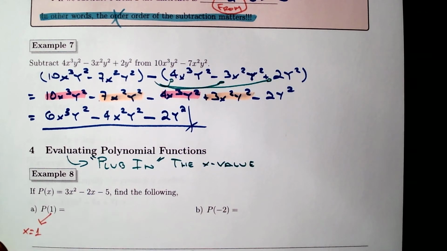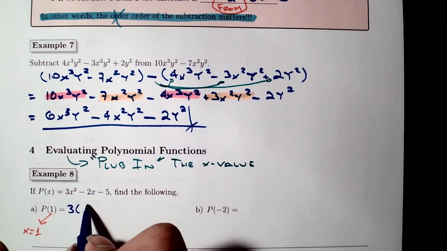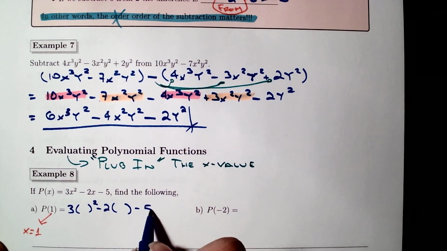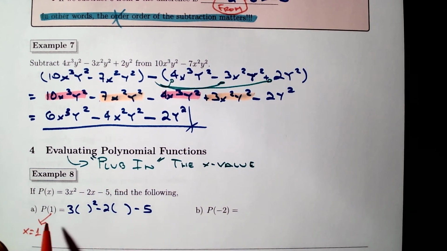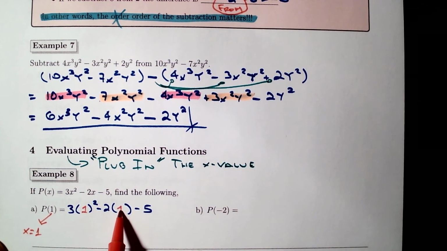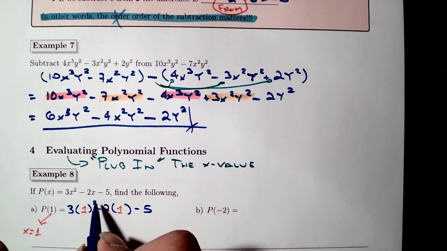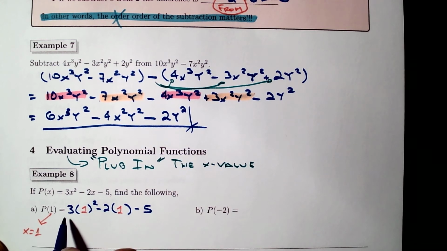So in this case, when we evaluate p of 1, this is telling us that x equals 1. So we need to plug in 1 wherever we see the letter x. So this is 3 times quantity squared minus 2 times quantity minus 5. And that's a 1. That's a 1. So keep in mind PEMDAS, we do the exponent first and then the multiplication.